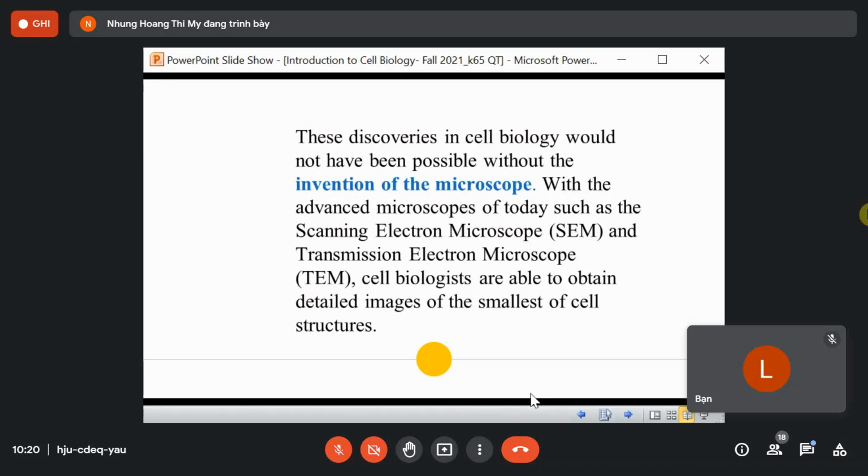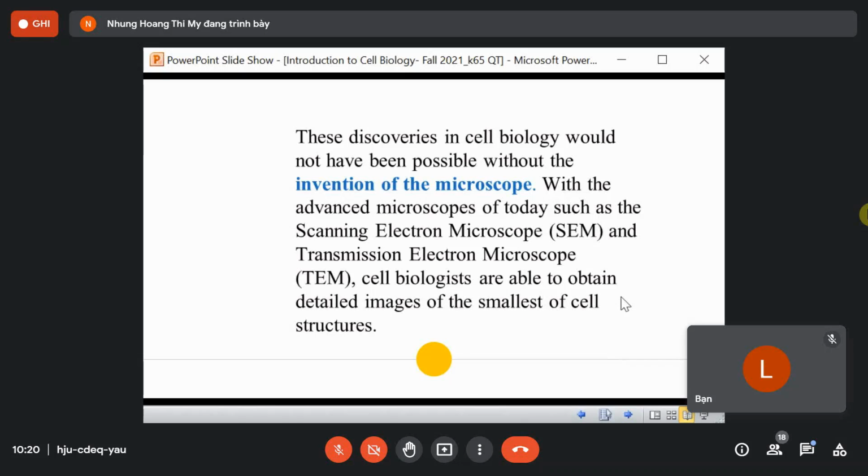And one of the important techniques involved in cell discovery is the microscope. The discoveries in cell biology would not have been possible without the invention of the microscope.